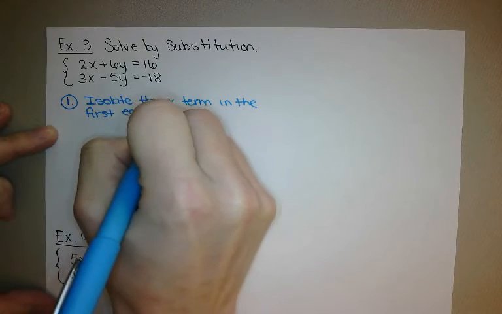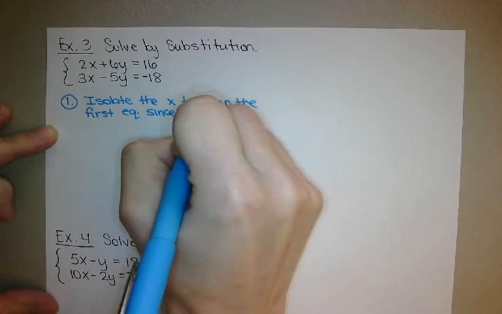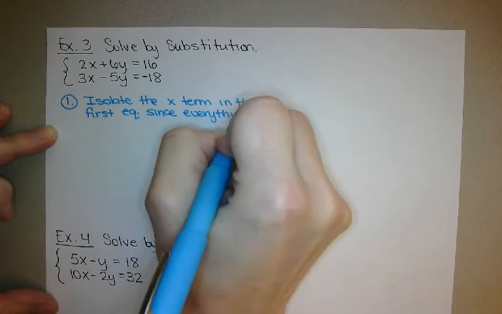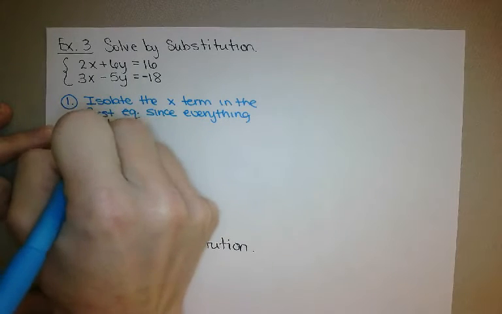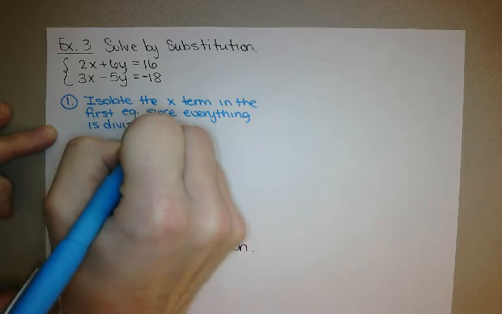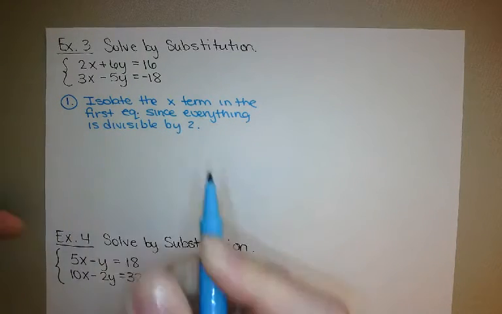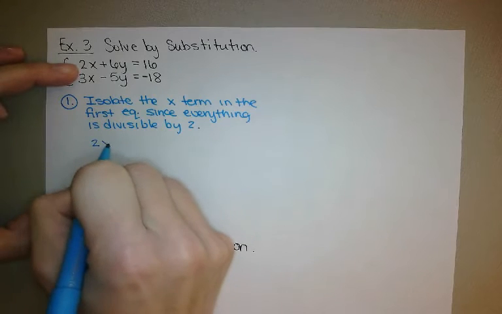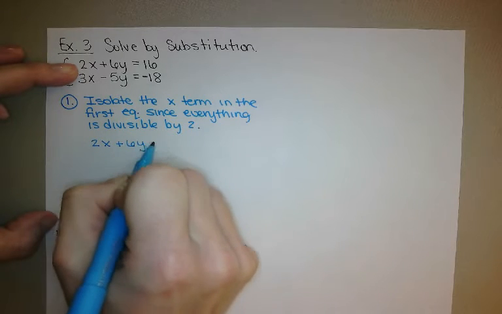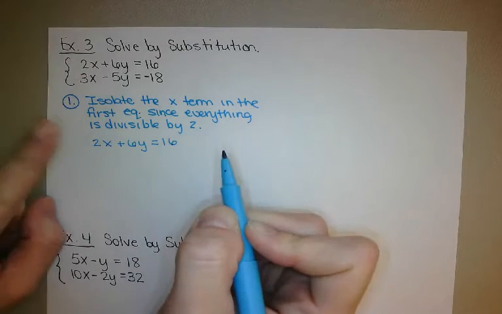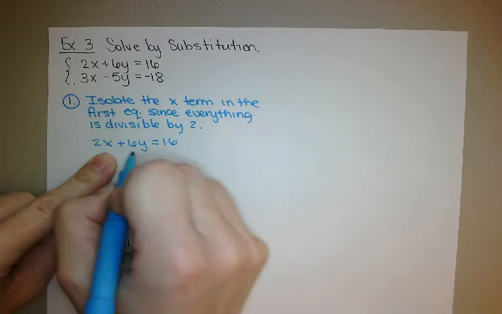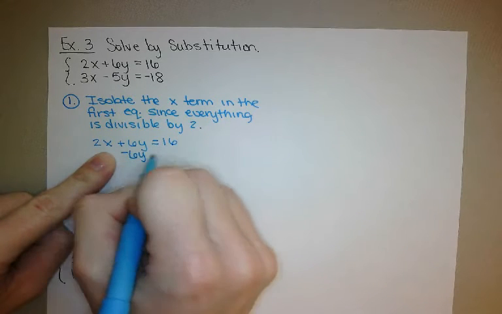Since everything was divisible by 2. Okay, so I'm going to say 2x plus 6y equals 16. So I want to get this by itself. Let's subtract our 6y over.